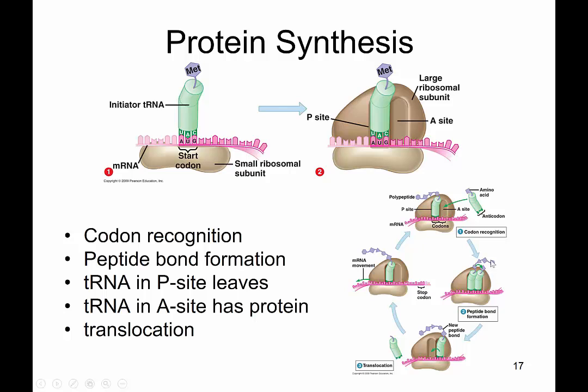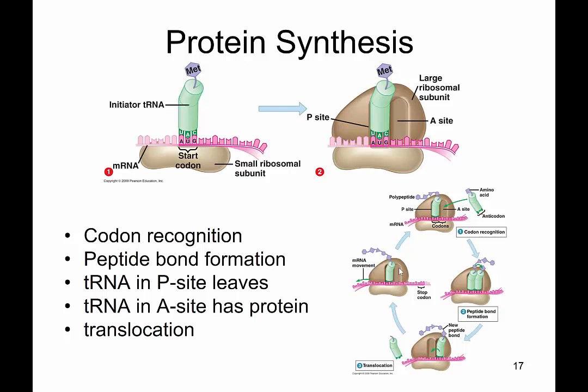You can see here the growing polypeptide chain is now linked to the new amino acid. Once it's linked, that old transfer RNA is released by the ribosome. And this transfer RNA now moves into the P site to allow a new transfer RNA with a new amino acid to arrive in the A site.